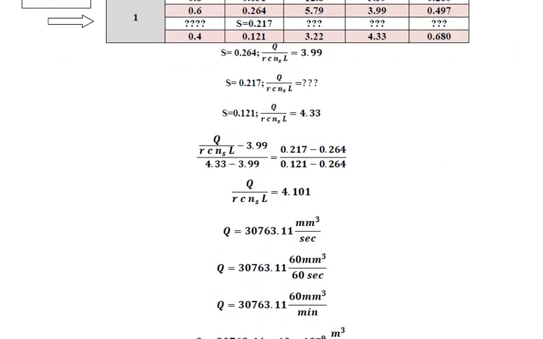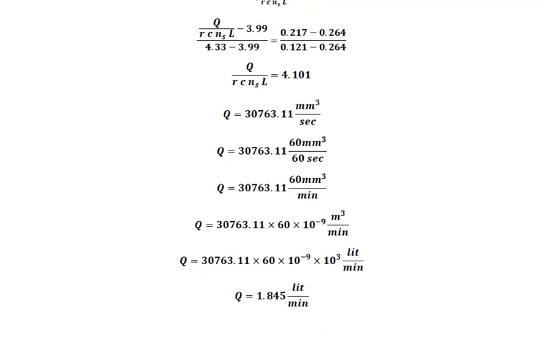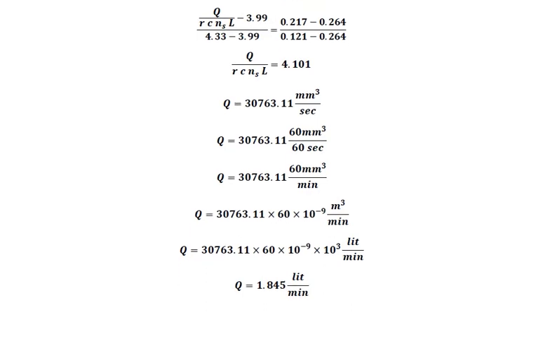Then we can calculate the corresponding Q by multiplying RCNSL into 4.101.